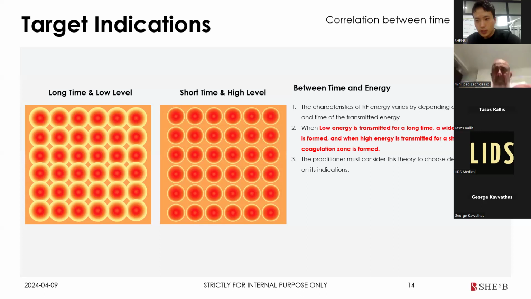But if we want to use a sub-pulse mode with a high energy, splitting that into multiple pulses, it means the energy will be traveling inside our dermis. Even after the treatment, it will be lasting longer inside. So the tissue reaction will be happening even close to the SMAS layer, the deep layer. That is the main advantage of the sub-pulse mode.